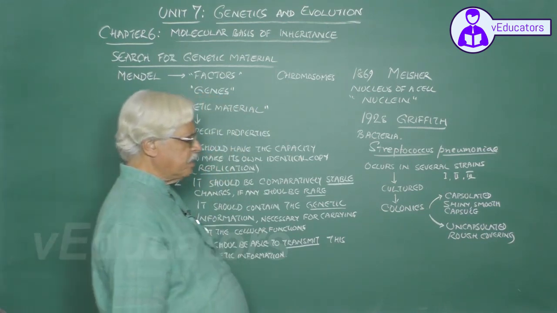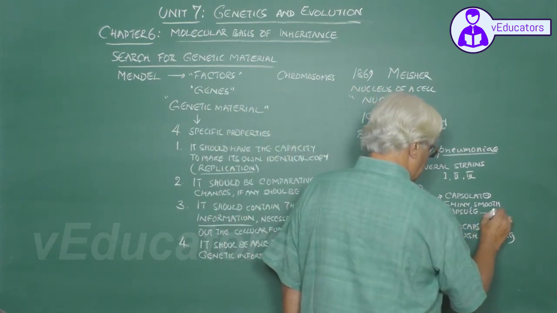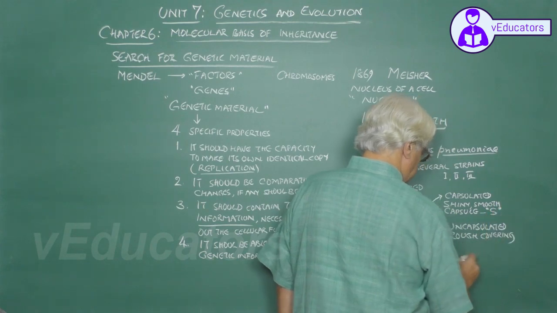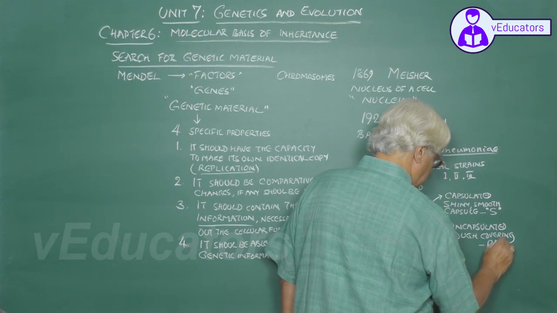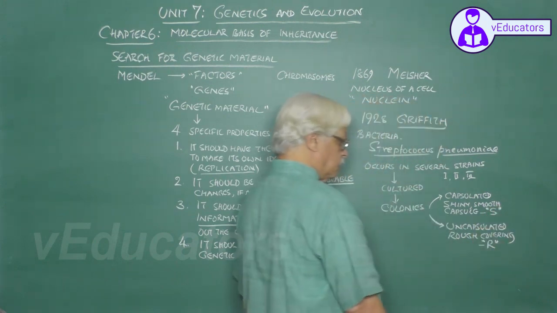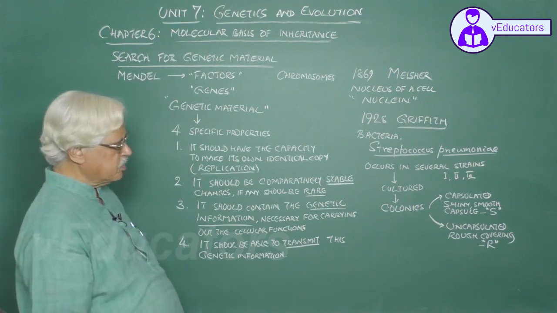So these bacteria with a shiny, smooth capsule were called S strain, and these bacteria with a rough covering were called R strain.